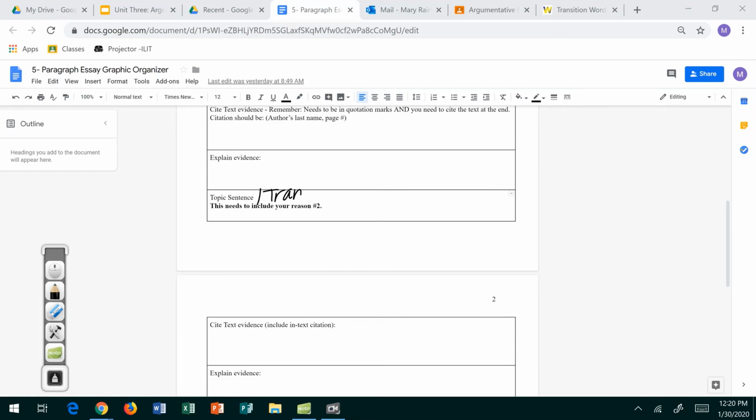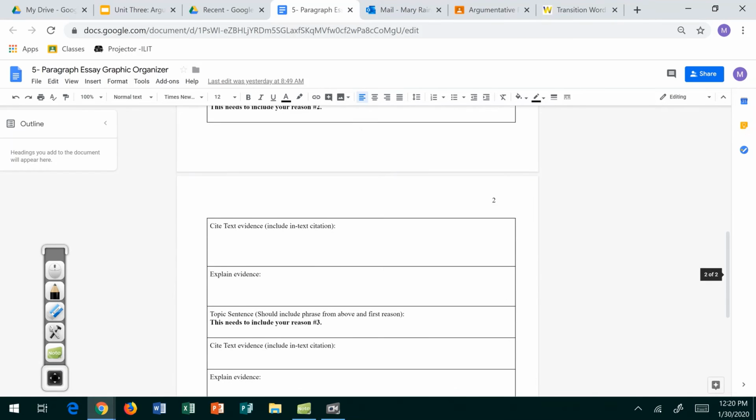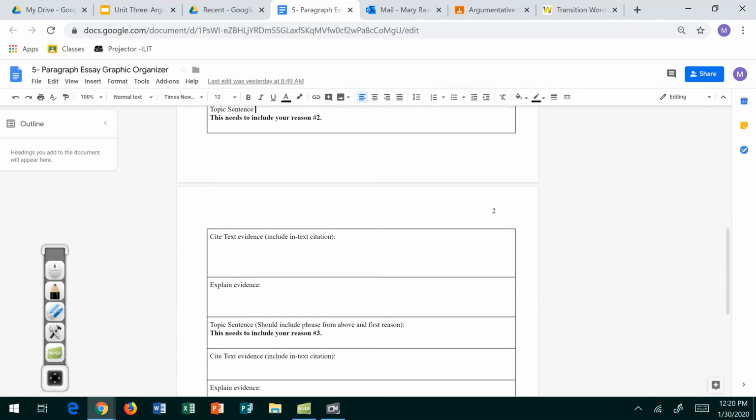I'm just going to do this, transition. Just so you guys know, there is no difference between the two. It just depends on what you prefer or what your teacher prefers to call it.